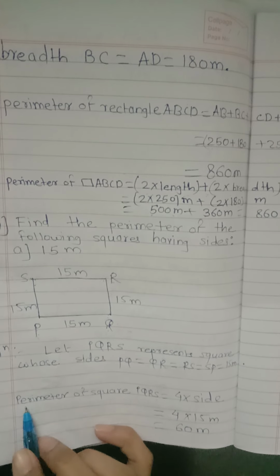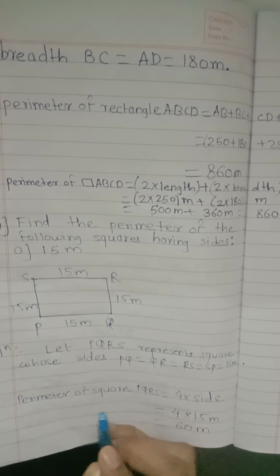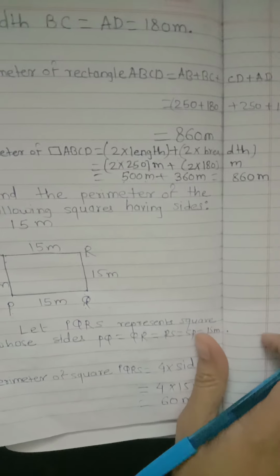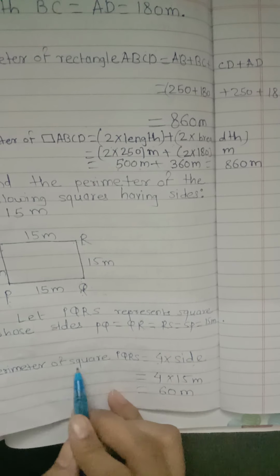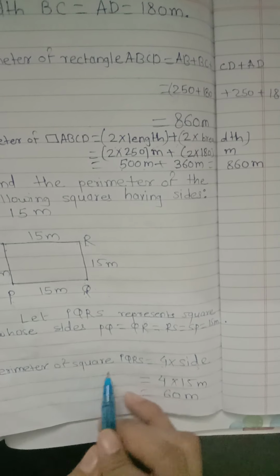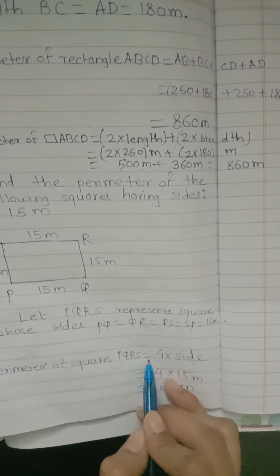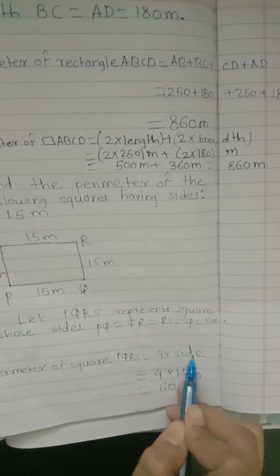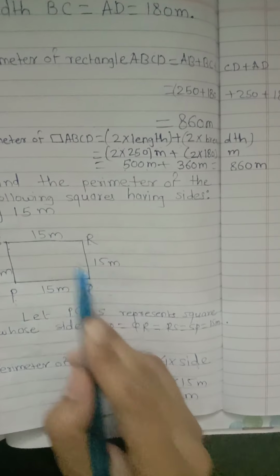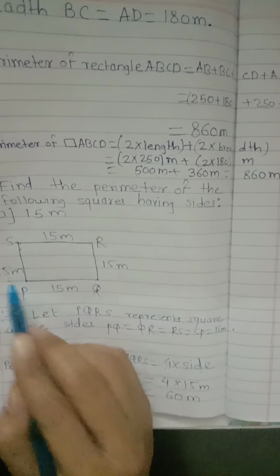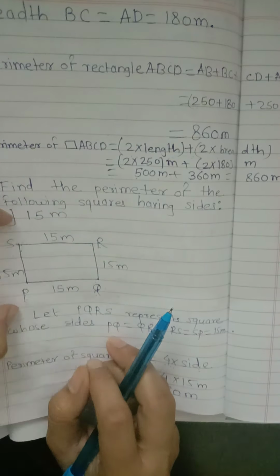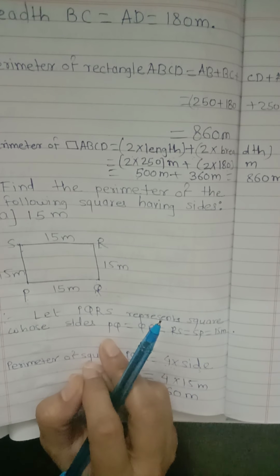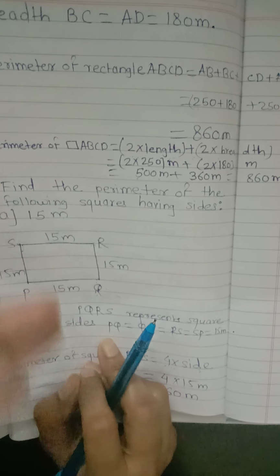So to find the perimeter of the square we will use the formula over here, that is 4 into side. Perimeter of a square PQRS will be equal to 4 into side. Look, we can do 15 + 15 + 15 + 15 or directly we can do 15 into 4. If we add 15 four times the answer will be the same, or if we multiply 15 by 4 our answer will be the same.